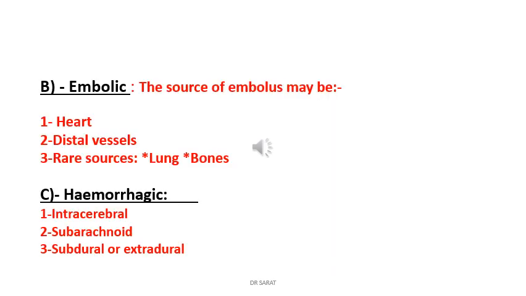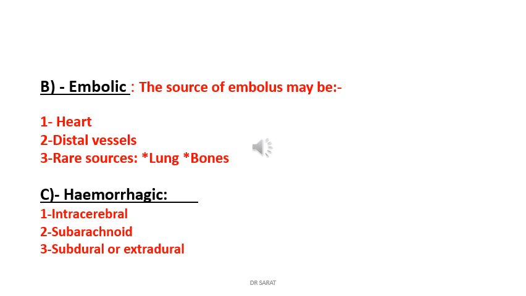And when we come to the embolic causes, the embolus may be from the heart or any distal vessels of the limb. Then rare sources are also the lungs and even the bones. Sometimes emboli can enter the circulation and produce ischemia.